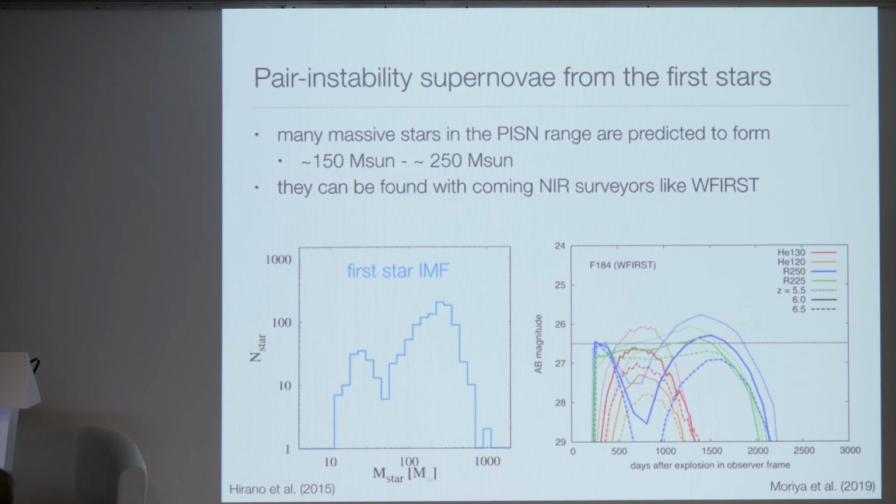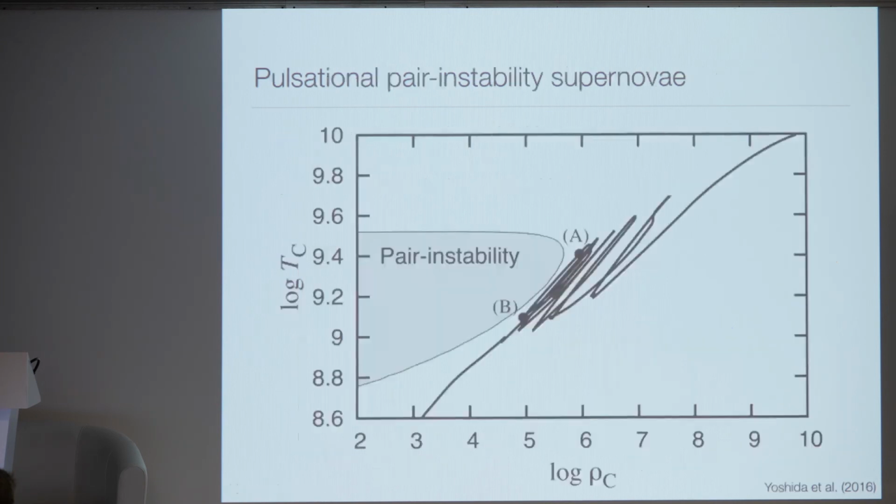So this may be happening a lot in the first generation of stars. And this is the predicted light curve at these high redshifts. Even at a redshift of 6, it gets bright enough to observe with next generation telescopes.